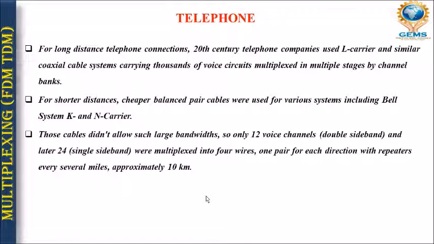Those cables did not allow large bandwidth, so only 12 voice channels, which means we could use only 12 voices at a time, also known as double sideband. Later 24 single sideband signals were multiplexed on 4 wires. So earlier we used 12 voice channels, and later 24 single sideband channels multiplexed onto 4 wires.